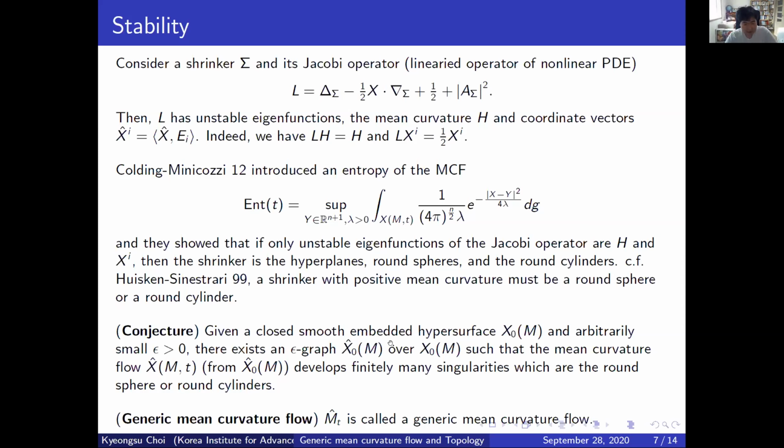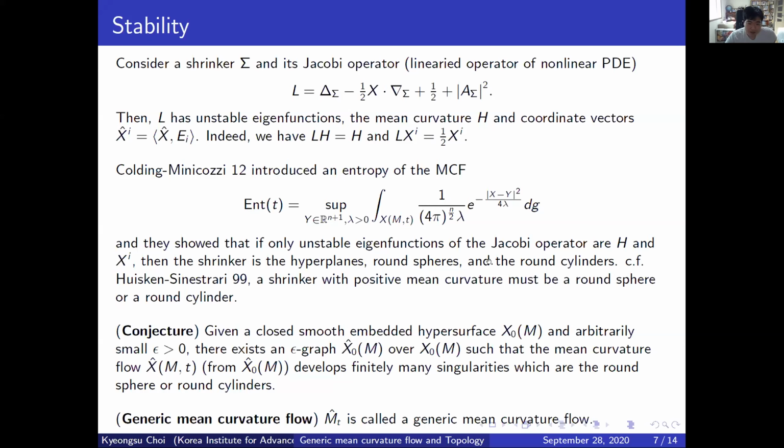Actually, if you know that your shrinker has positive mean curvature, then this H is a positive eigenfunction, so it must be the first eigenfunction. So this result is very helpful to classify this kind of linearly stable shrinkers.